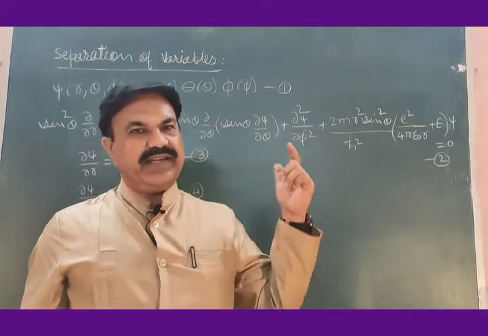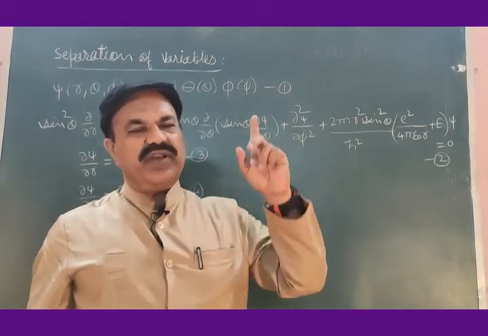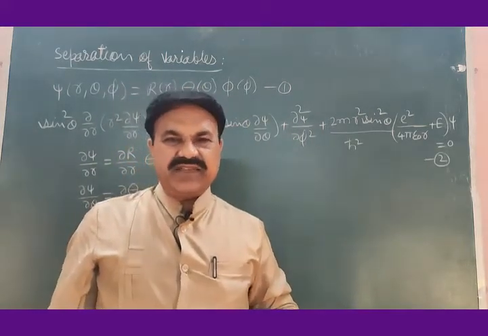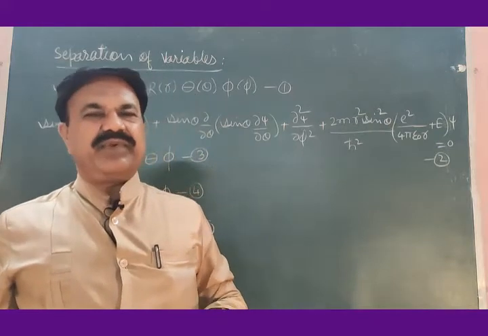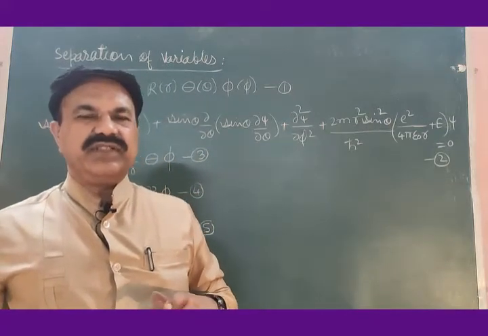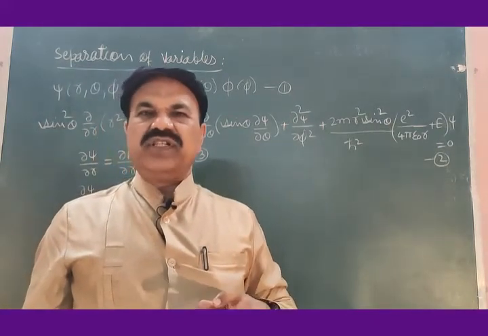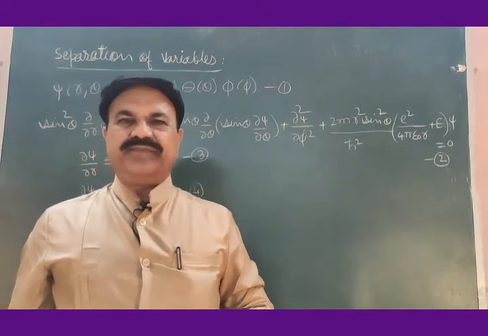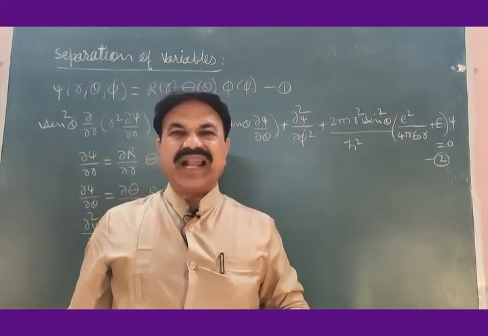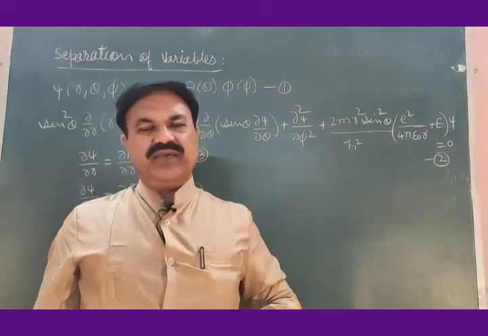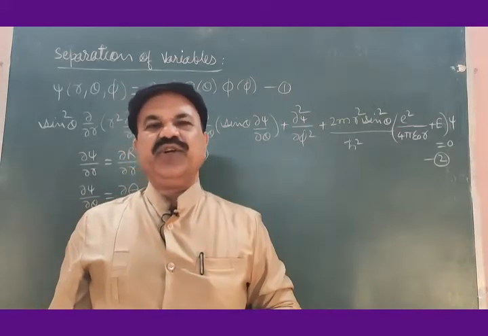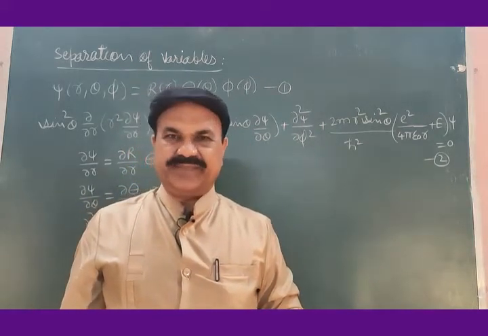And if we get the equation in terms of only phi of phi, this will describe the behavior of the wave function psi for the electron of the hydrogen atom about the parallels of the sphere whose center is at the nucleus of the hydrogen atom.